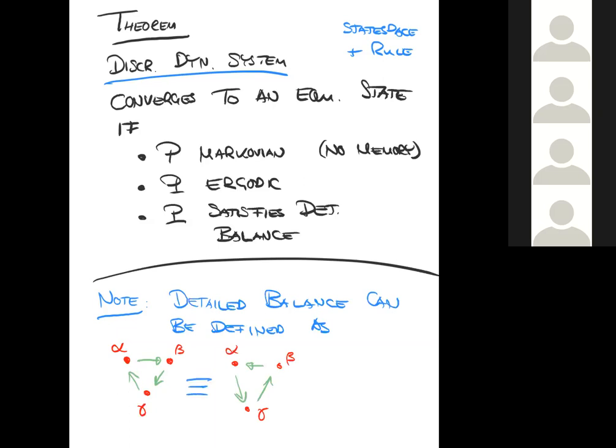So if you want to write it out as a formula, P of alpha to beta times P of beta to gamma times P of gamma to alpha is the same as going the other way around.